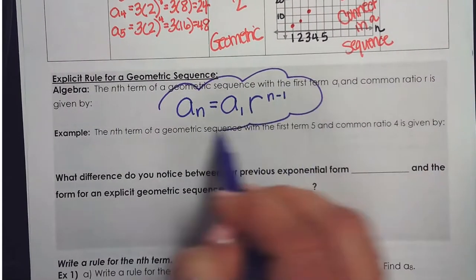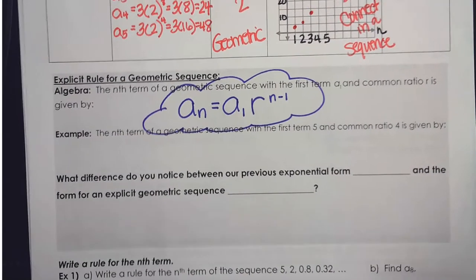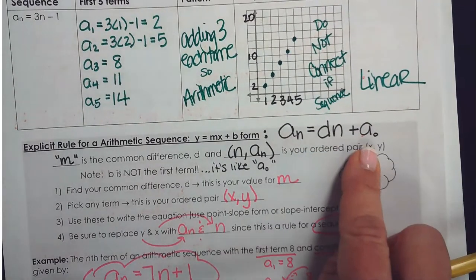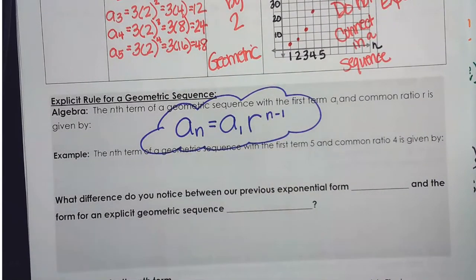This is what we're going to use for the geometric sequence. Yesterday for arithmetic, we used a sub n equals d times n plus a sub 0. So for geometric, when there's a common ratio instead, we'll use this.